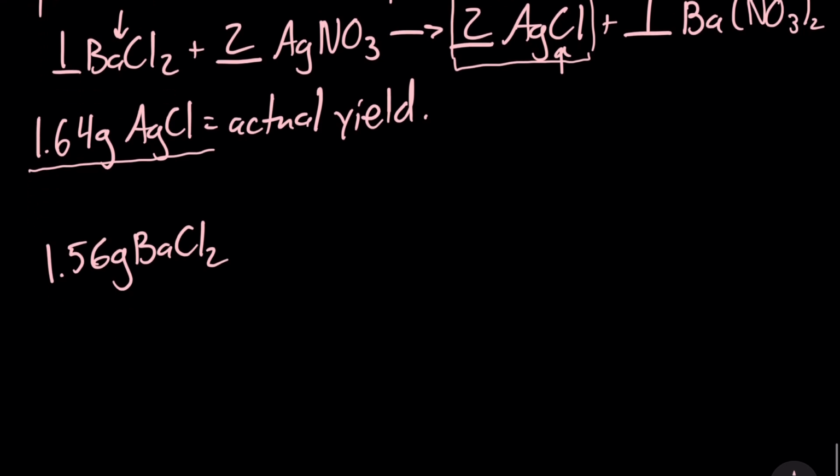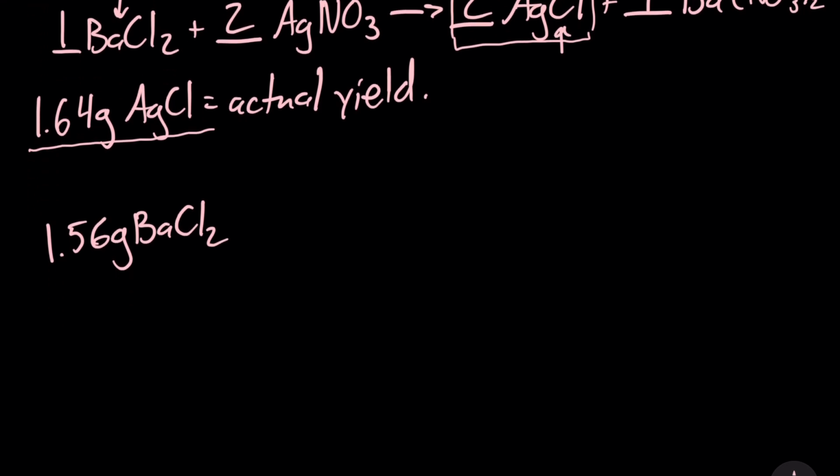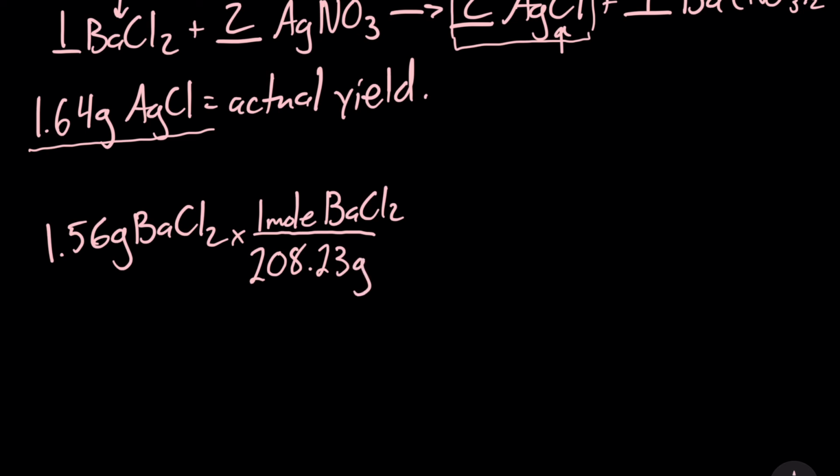Okay. So 1.56 grams of BaCl2 times a sign line. We want to get it to moles of BaCl2 first. So 1 mole of BaCl2 over our molar mass, which is 208.23 grams of BaCl2.